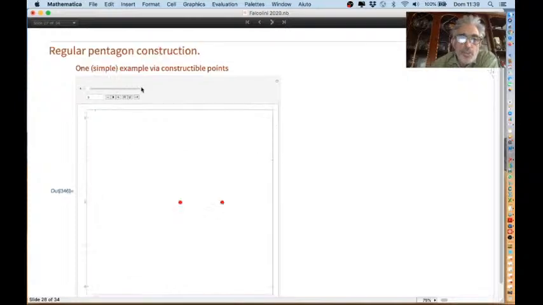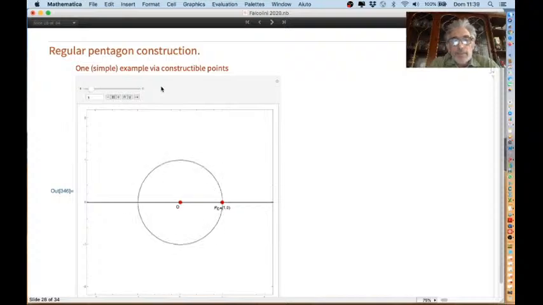Using precisely the construction that I showed you before, we get the construction of the pentagon starting from the first 2 points. We construct the line, then we construct the 2 possible circles starting from these 2 points. So with 2 steps we can construct the intersection.